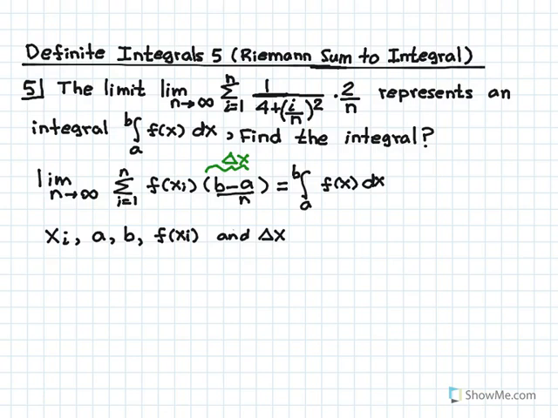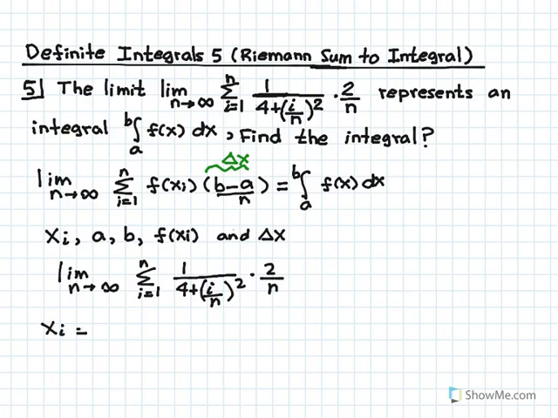So we're given the limit as n goes to infinity, i goes from 1 to n, of 1 over (4 plus (i over n) squared) times 2 over n. We start by letting xi be i over n. These are the x values.